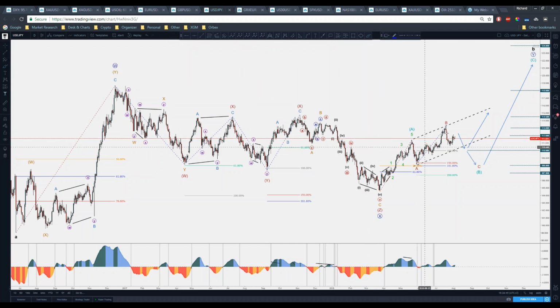Even the yen is having this. I'm labeling this as a possible false breakout because it has a three wave move, and should this break out, it could go somewhere about this 61.8.